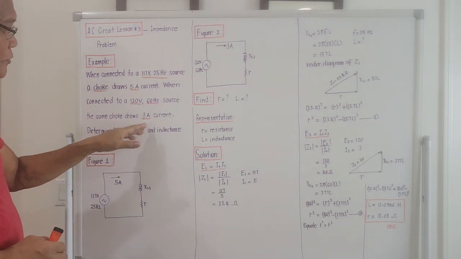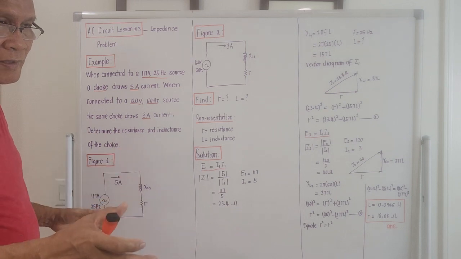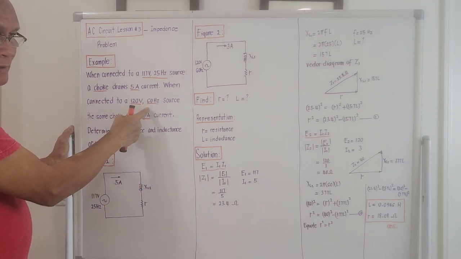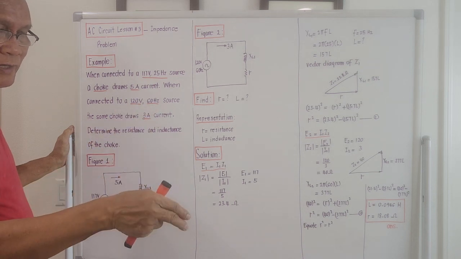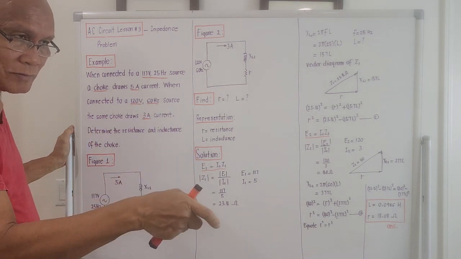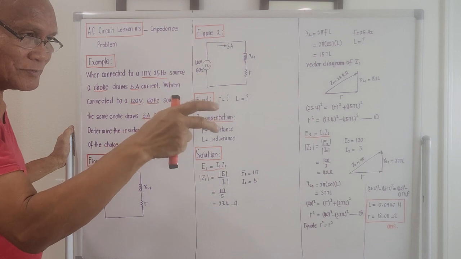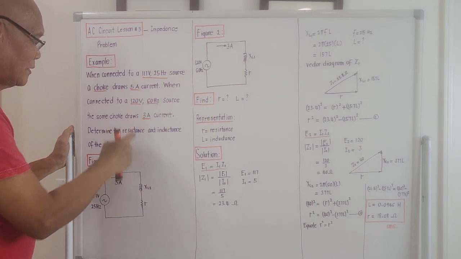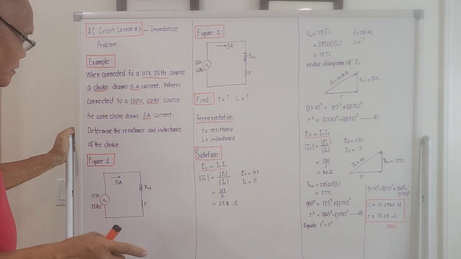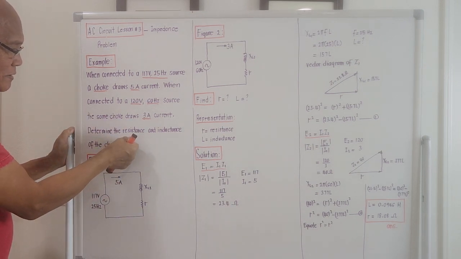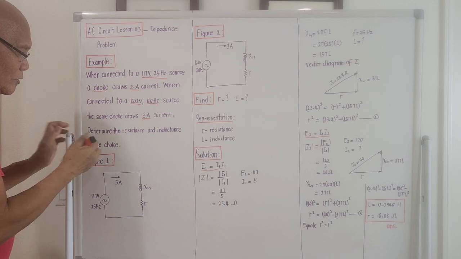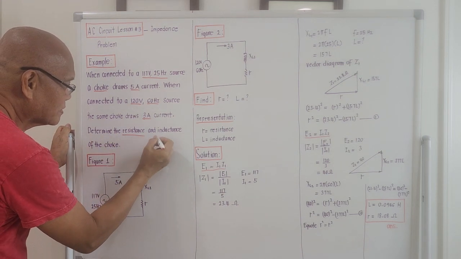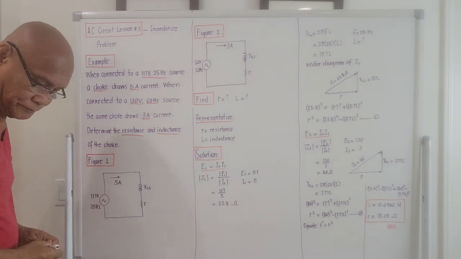The current consumption becomes lesser because the frequency goes up, so the inductive reactance of the choke goes up, and the current goes down. The problem is to determine the resistance and inductance of the choke.